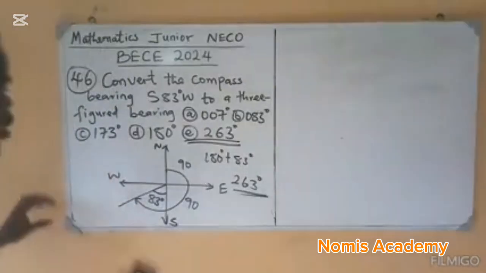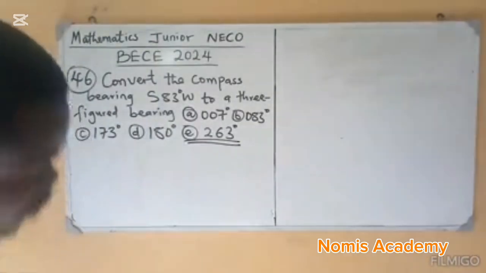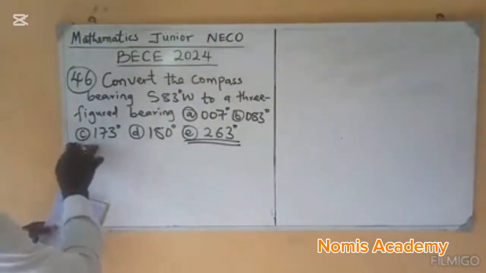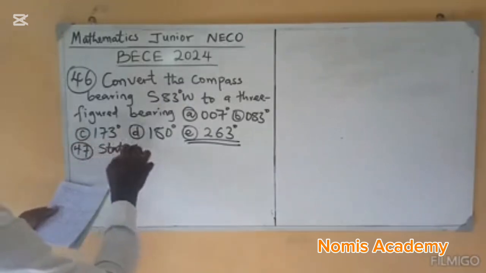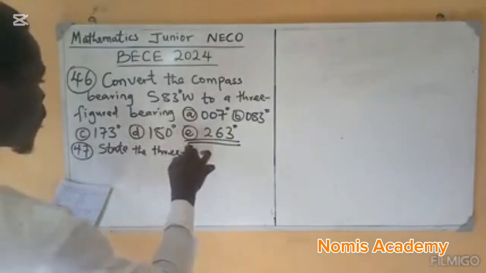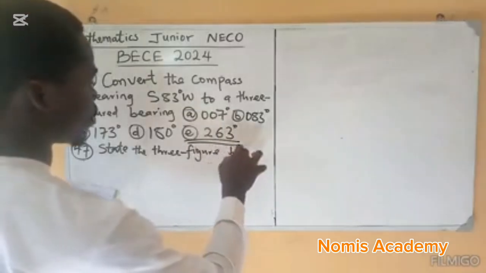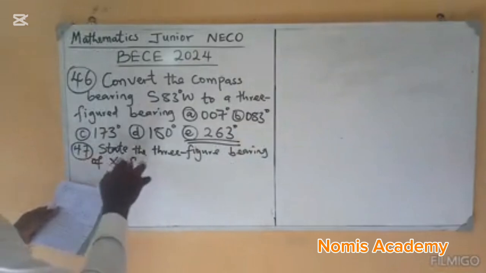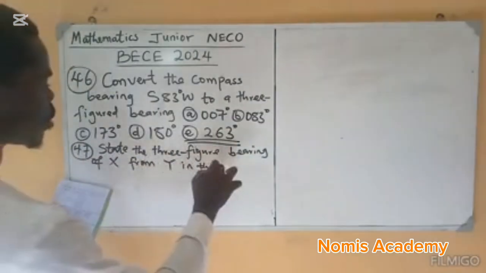Okay, we move to the next question. Question number 47. It says, state the three-figure bearing of X from Y in the figure below.